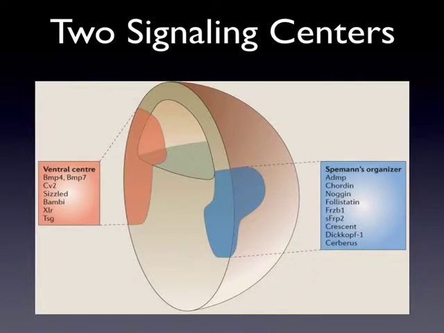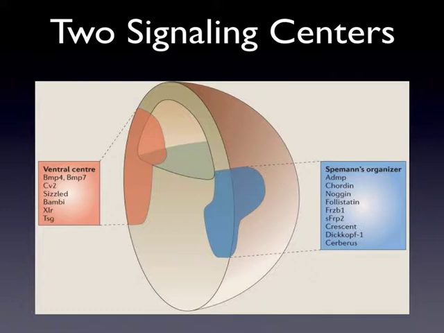Lately in the literature, we've been seeing this idea of two signaling centers, a ventral signaling center and a dorsal signaling center. The dorsal signaling center is the Spemann organizer, and the ventral signaling center doesn't have an eponymous name, but it's the region in the ventralmost pole where we're getting those TGF-beta superfamily proteins like the BMPs and things like that being produced. Now, I'm not going to make a big deal about this. I just wanted to mention this to you.